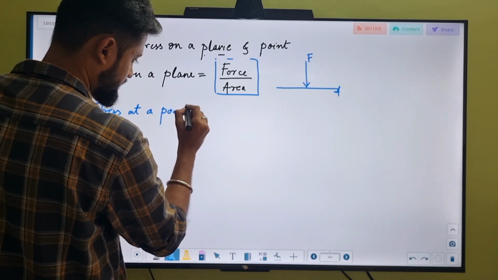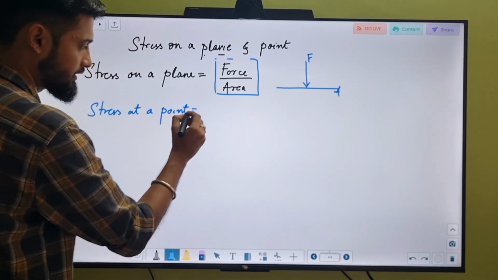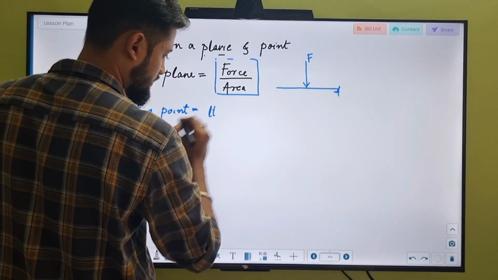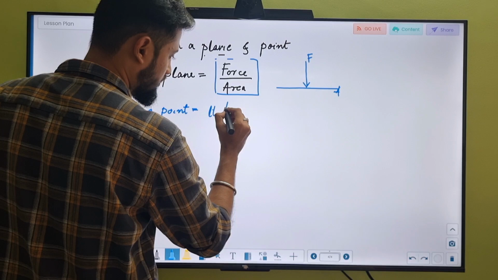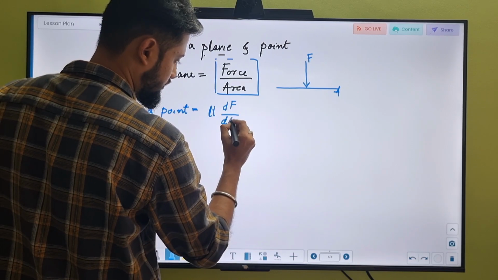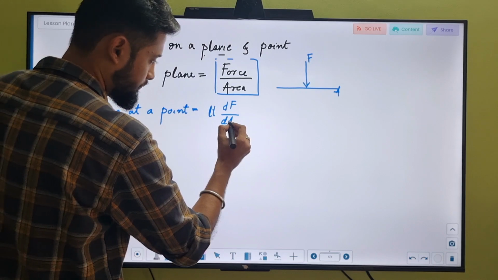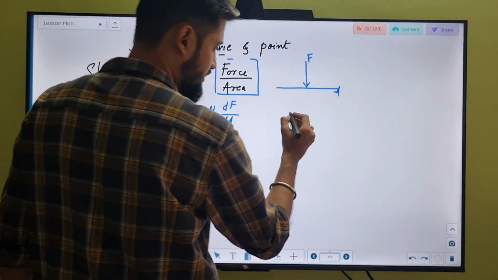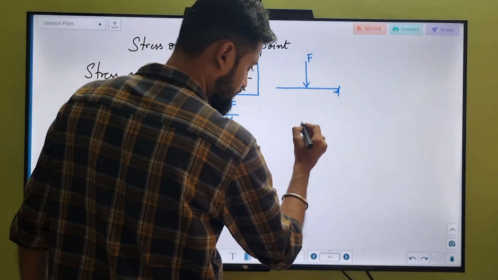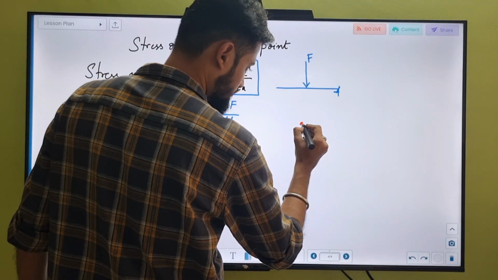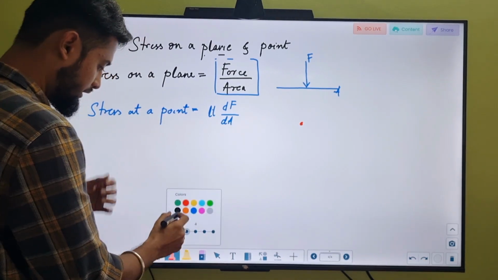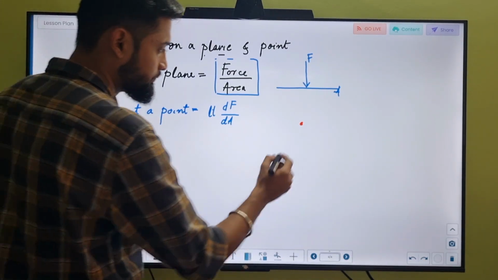If we see the formula for stress at a point, it is given by the limit of the differential of force upon the differential of area. Let us consider a point. If the force is acting on a point, then it will not be in a single direction.